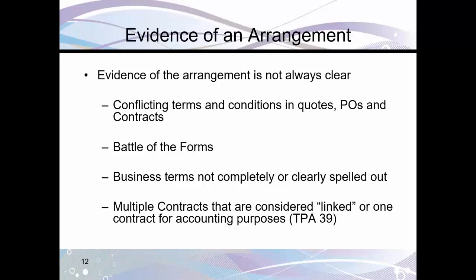As we did mention, all of the evidence of the arrangement needs to be complete, agreed to by the parties, signed, in order to meet the evidence of the arrangement requirement. So if you've got two contracts that are linked and one of them is signed, and at the end of an accounting period you haven't signed the second contract, you would not have evidence of arrangement and you would not be able to recognize revenue for the first contract.